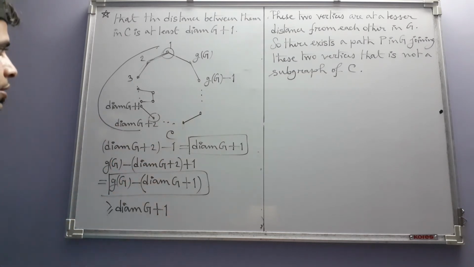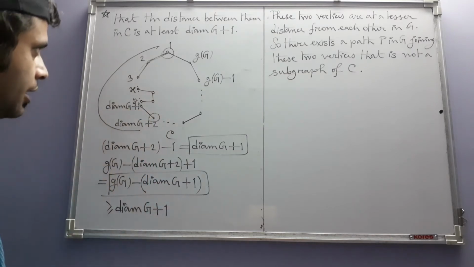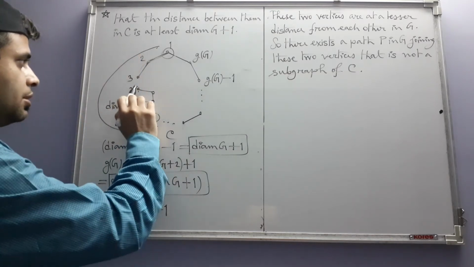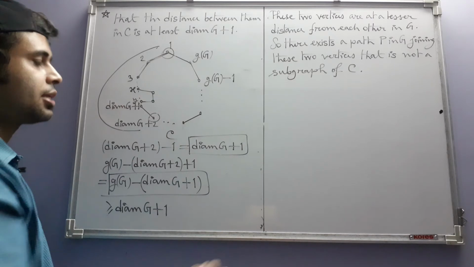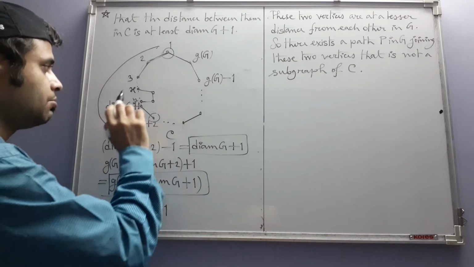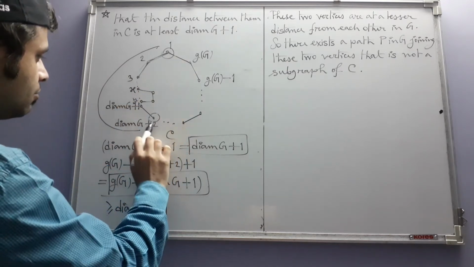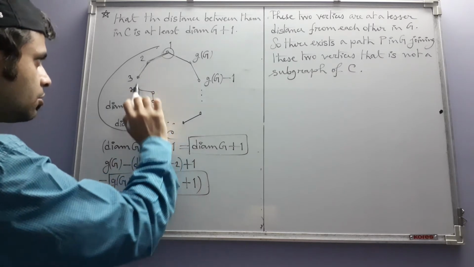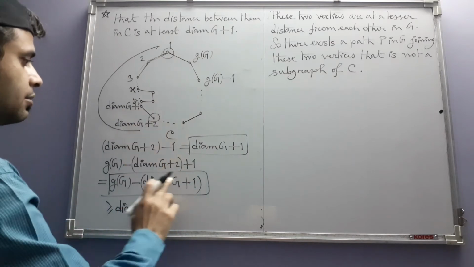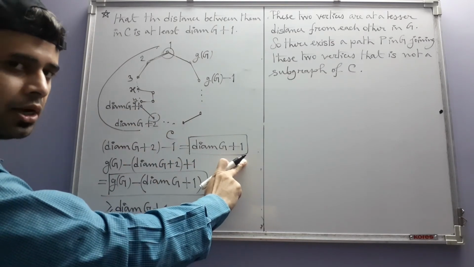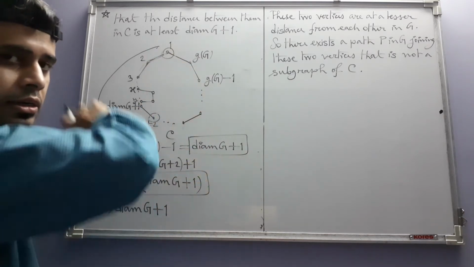In any case we will get two vertices X and Y on C at which this deviation occurs, at which the path goes outside of C. There must be two such vertices X and Y in C at which the path joining 1 and diameter of G plus 2 goes outside C and becomes a path of length smaller than diameter of G plus 1, so that the distance between 1 and this gets smaller in the original graph G.